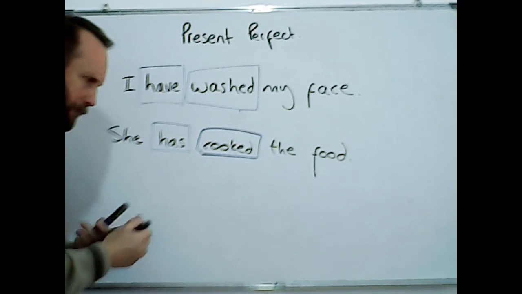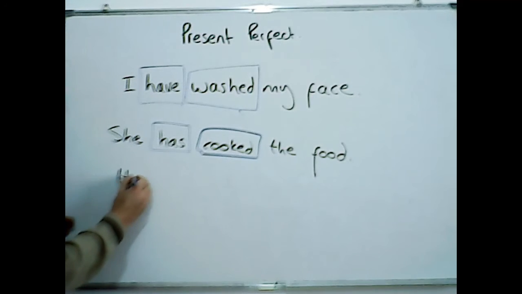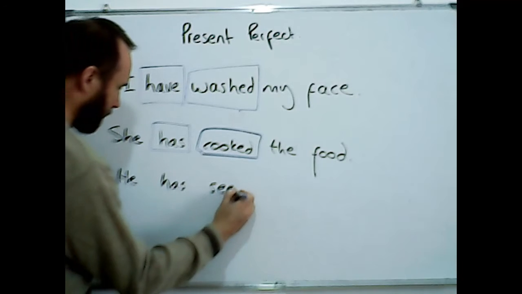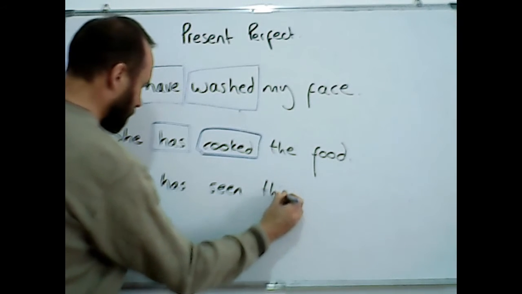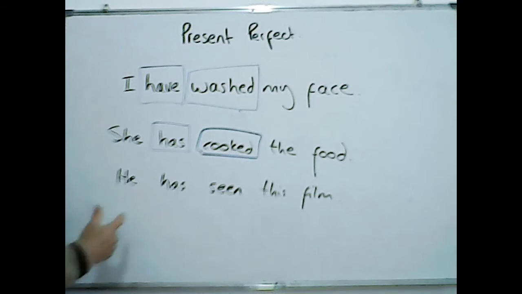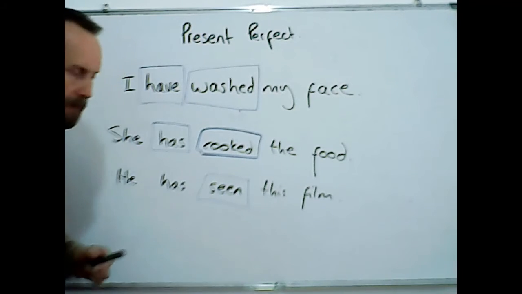I'll give you an example with an irregular verb. Okay? Again, he has, verb to have, yes? Seen here is an irregular verb.